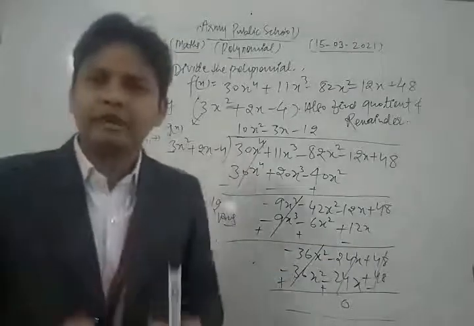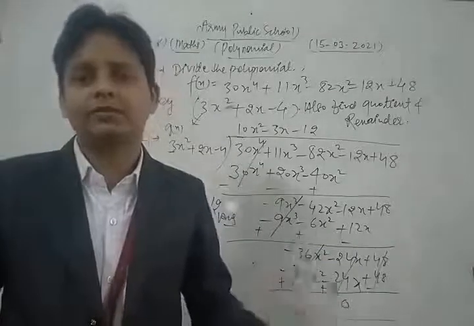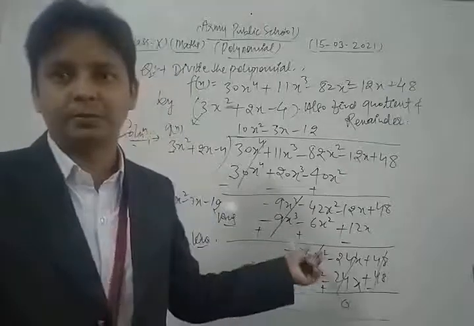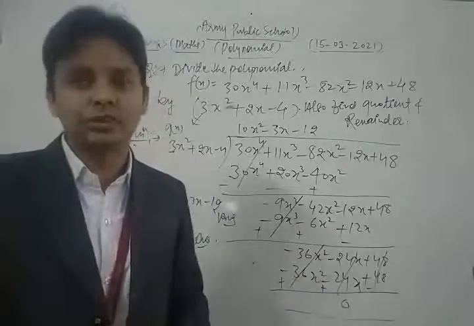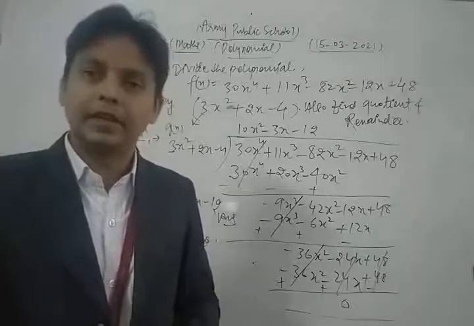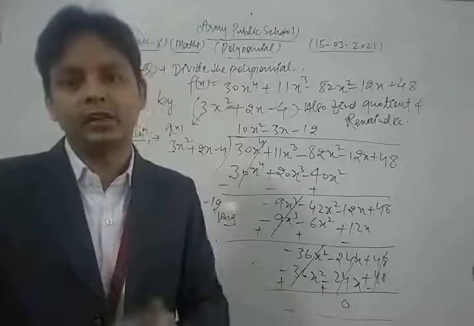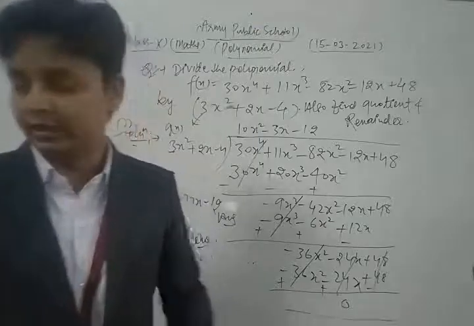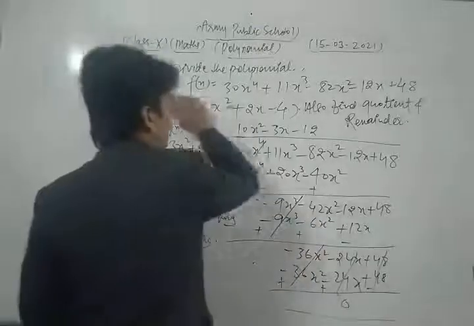Now we verify the division algorithm for that polynomial. Means dividend is equal to divisor into quotients plus remainder. If LHS is equal to RHS, then hence verify the division algorithm. Okay, now let's see, we verify that.